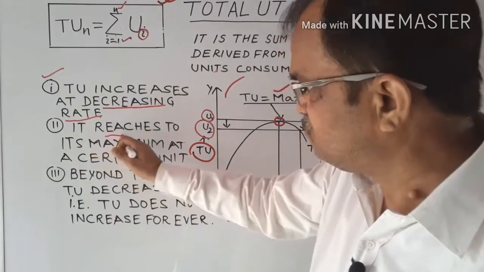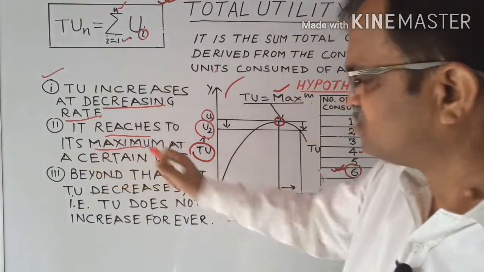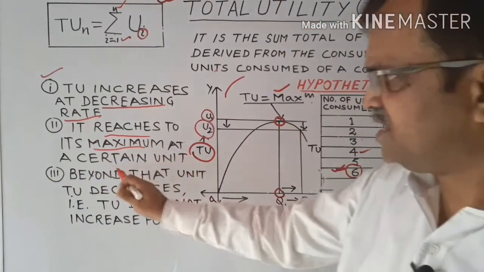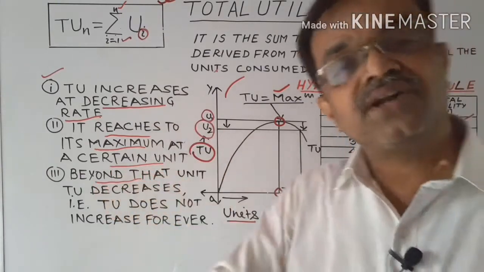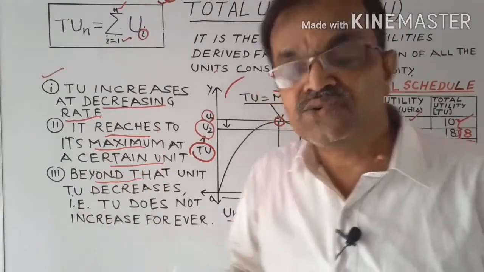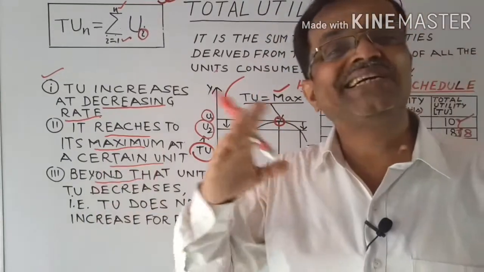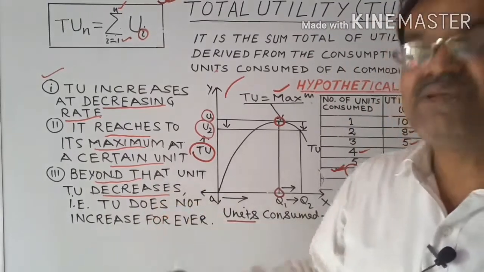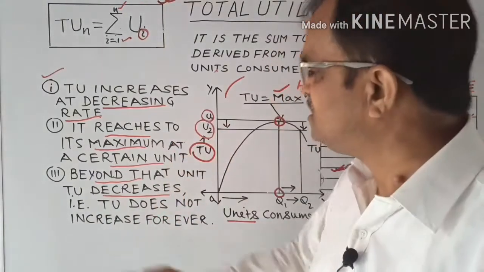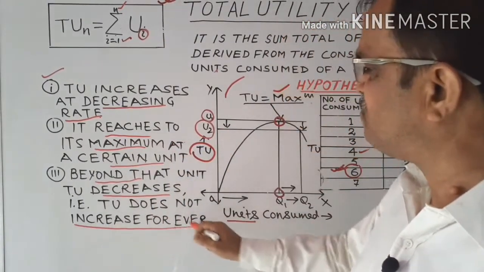Now it reaches its maximum at a certain unit, and then beyond that, if further consumption is continued, then total will not increase, but it decreases. It simply means that total utility does not increase forever.